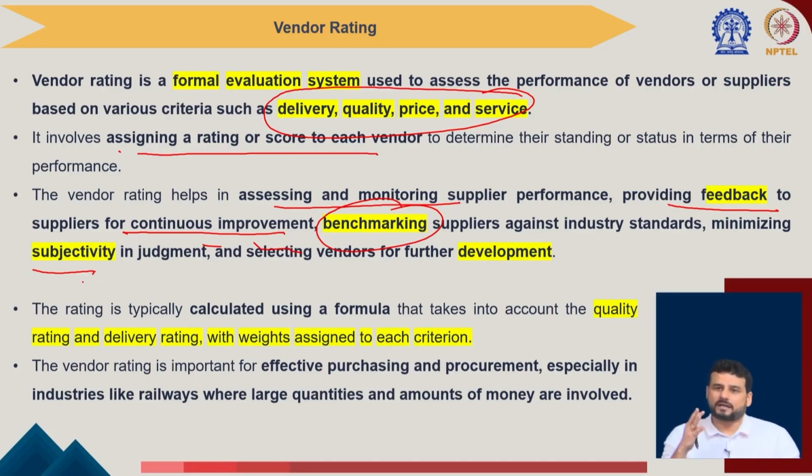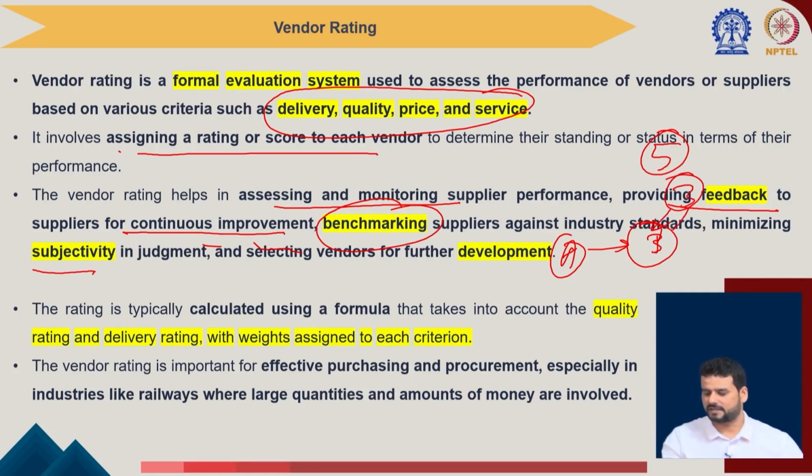Or if you are going with, let us say, from model A, now you are offering model B in the market with some other features, right. So which of those 5 vendors will you pick, 3 vendors, which will provide you material for your model B, right.